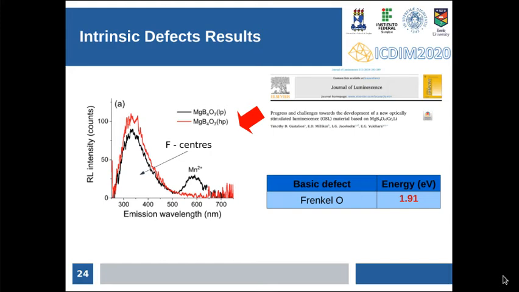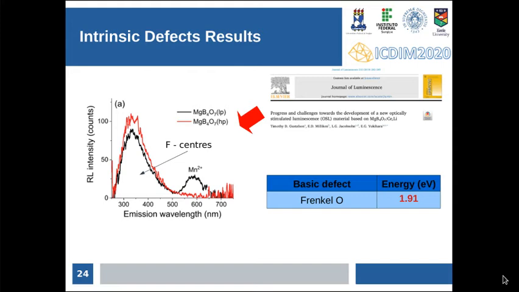Such a kind of defect is common for insulator materials, and it can be related with Frenkel defects. It's possible. This can also be important for TL because the Frenkel defect is important also for TL and OSL mechanism.